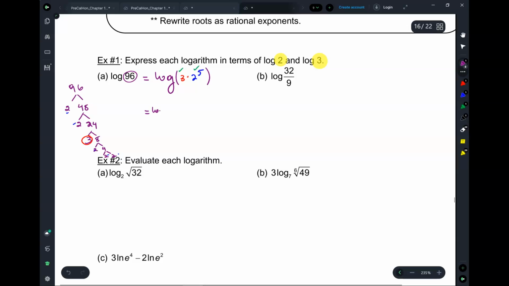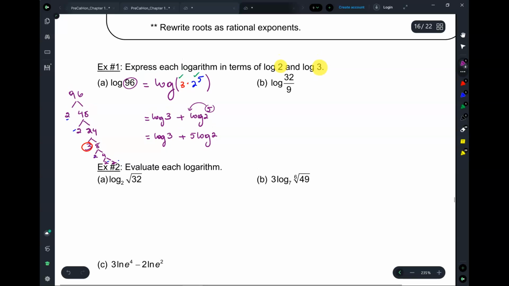So I give each of those its own log. Okay? And because they were being multiplied, I add them. Next, this exponent will come down, so I get log of 3 plus 5 log of 2. Okay?